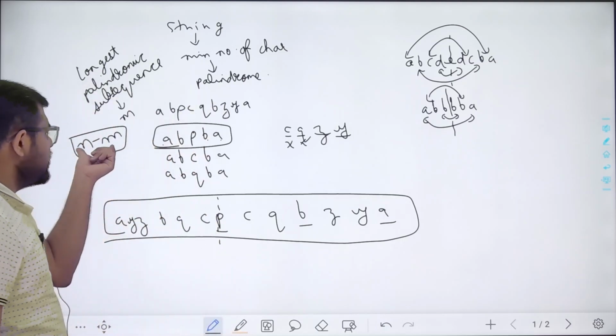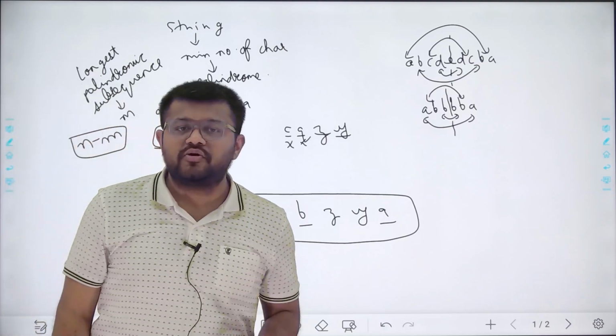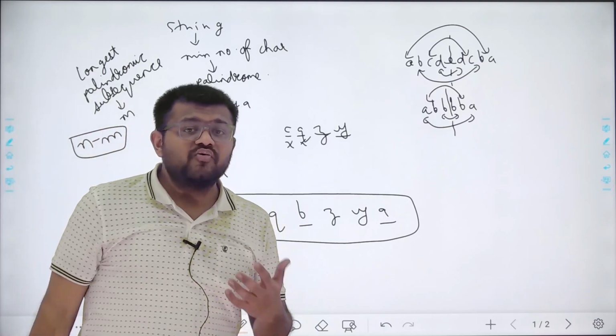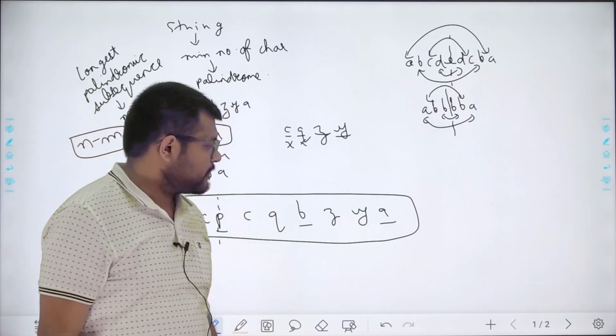So my answer will become n minus m, where n is the length of the original string, m is the length of the longest palindromic subsequence. Now let's see how can we find the length of the longest palindromic subsequence in an efficient way.